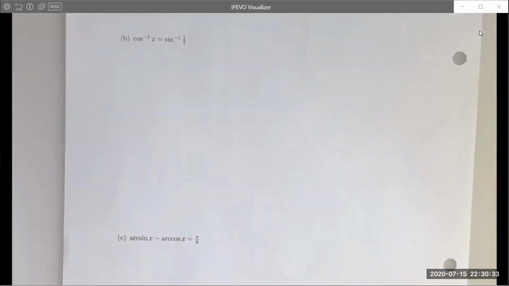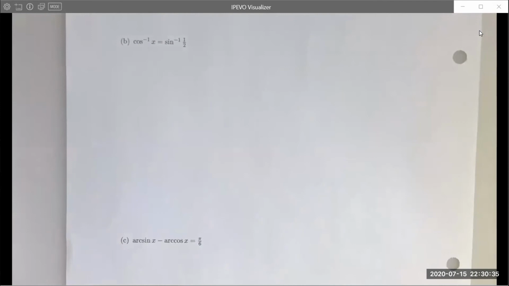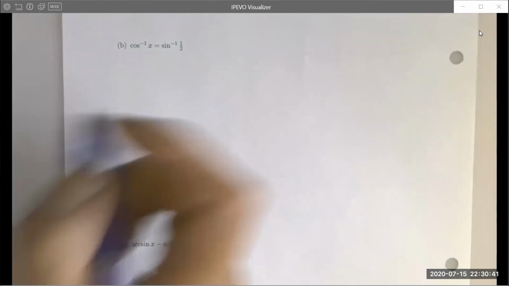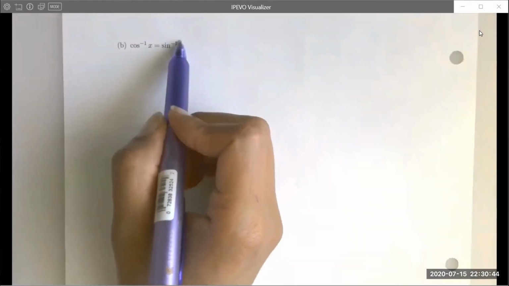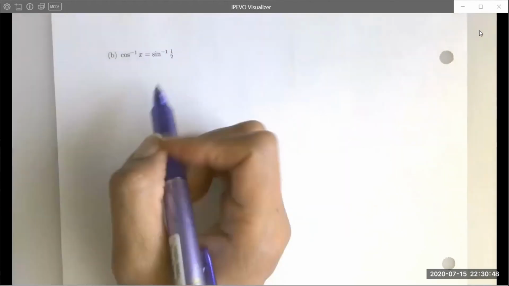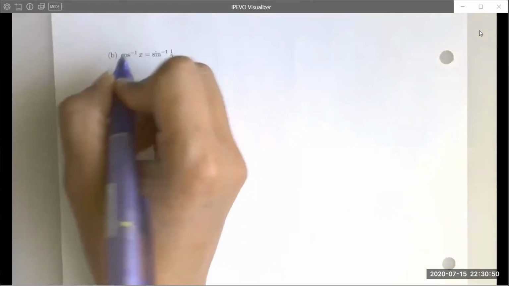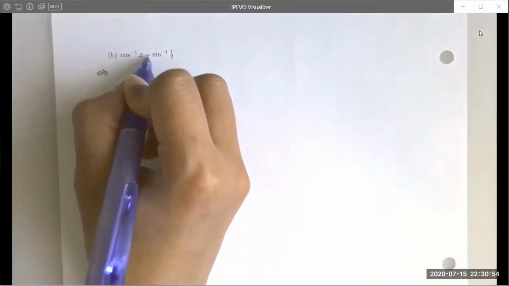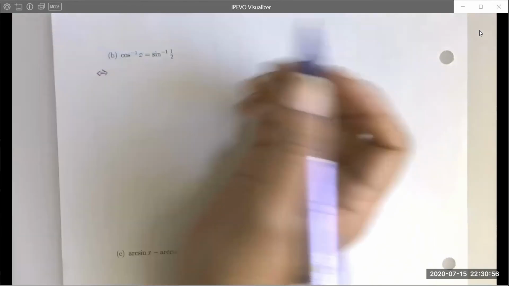In this equation, we actually have 2 inverse functions. One of them is cosine inverse, the other one is sine inverse. Thankfully, though, for the sine inverse, this has a value. So what we can do here is to write the equivalent expression of this. If cosine inverse of x gives you this, which is supposed to return an angle.